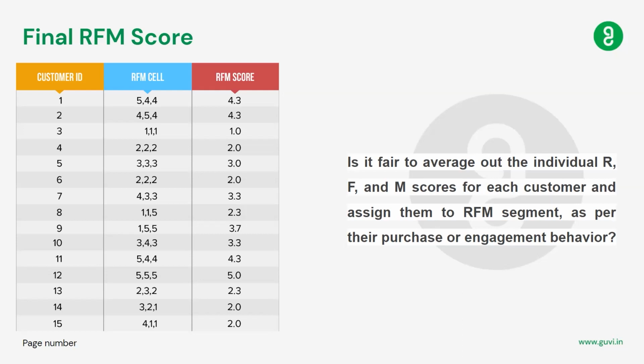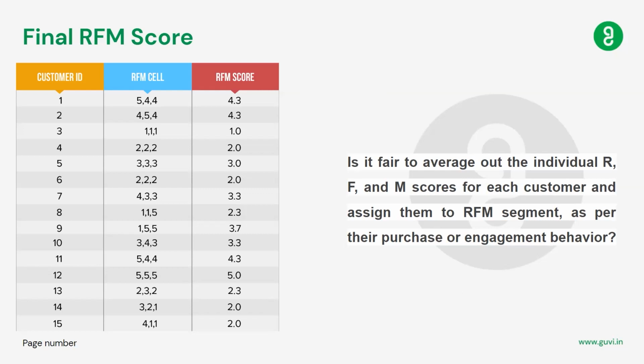So there are some instances in which this can be broken down. You can give weightage to R depending on your use case, give more weightage to F depending on your use case, or give more weightage to M based upon your use case. So we'll discuss some of the use cases.